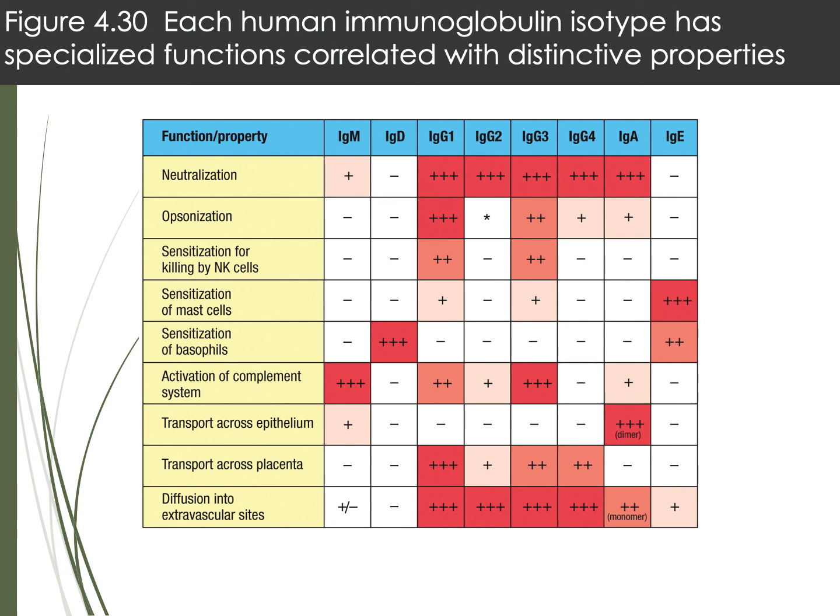So you can see IgGs, there's a lot of great things they can do, and they're usually found in the second wave of an infection or a B cell response. IgMs are usually the first ones. With IgMs, they actually lead to the activation of the complement system, which makes sense.